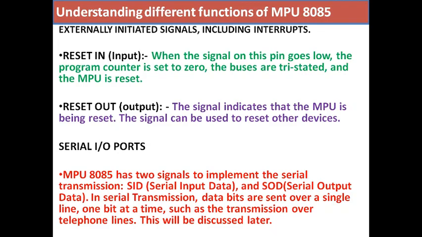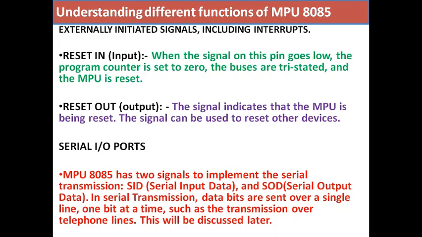So in order to start the device from a predefined location, we need to reset all the flip-flops of the program counter. So in a microprocessor we have a power-on reset circuit which will set the program counter to 0 so that it can start from a predefined location.